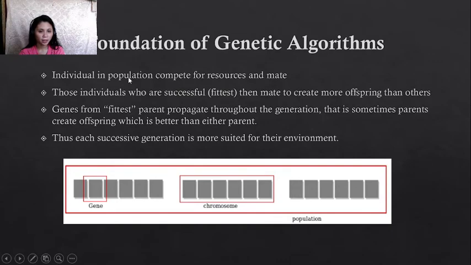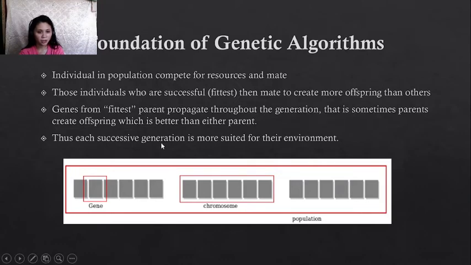Every individual in the population will compete for resources and for a chance to become a mate. Those individuals that are successful, the fittest, will mate to create more offspring than the others. And the genes from those successful fittest parents will propagate throughout the generations, and sometimes they create offspring that are better than their parents.